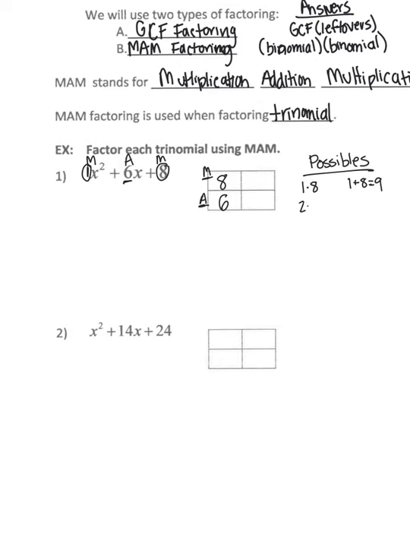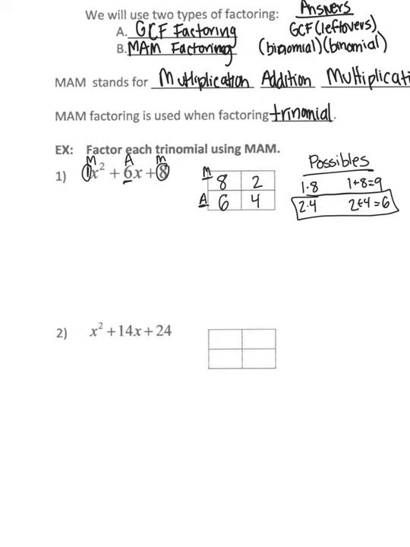Then I have 2 times 4. That multiplies to give me 8, and when I add them, 2 plus 4 gives me 6. So these are my two numbers that I'm going to fill into my other empty boxes. I've got a 2 and I've got a 4.